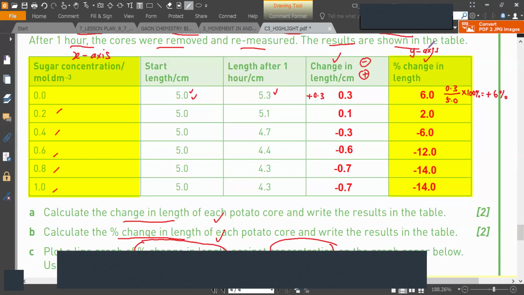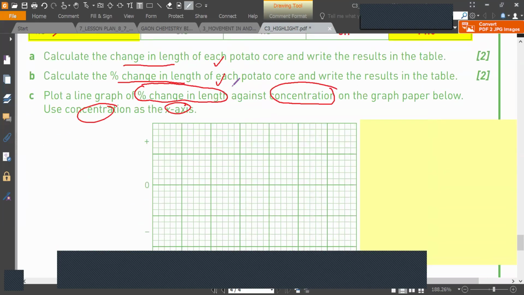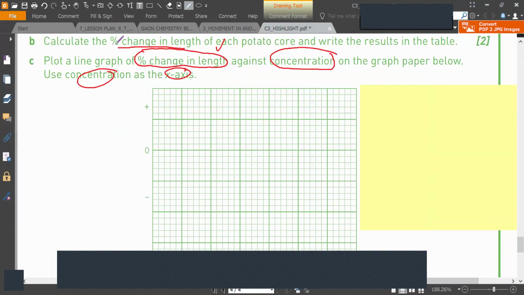So step 1, they already give us some guideline where to put the axis, positive and negative. So we put the x-axis here, and then here the y-axis. And then we label.